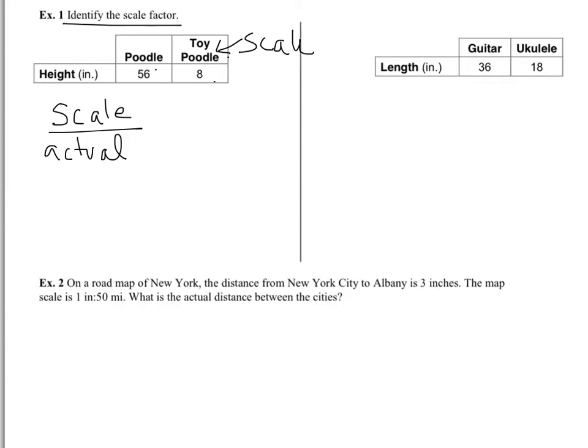All right, so I'm going to say the scale is 8 and the actual poodle is 56. So I've just set up a simple ratio comparing the scale to the actual. To find the scale, I need to simplify this, just like I would simplify any fraction.